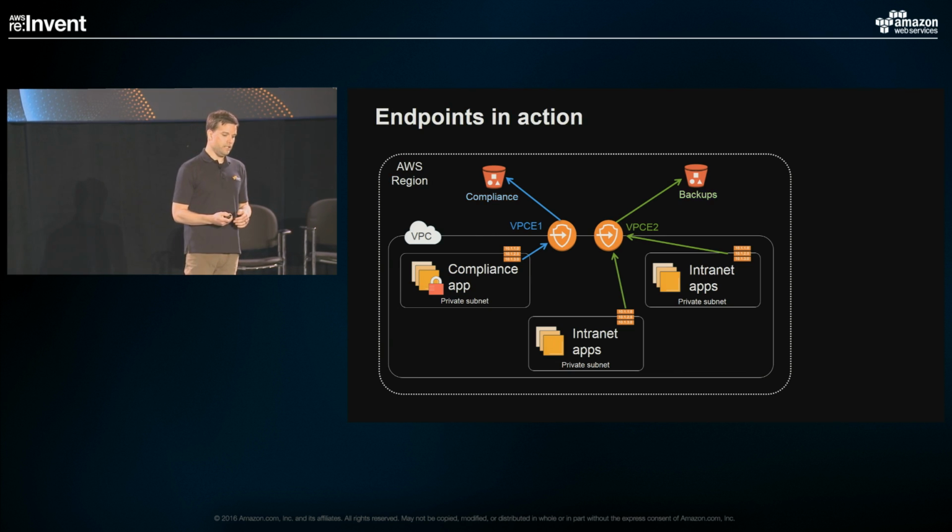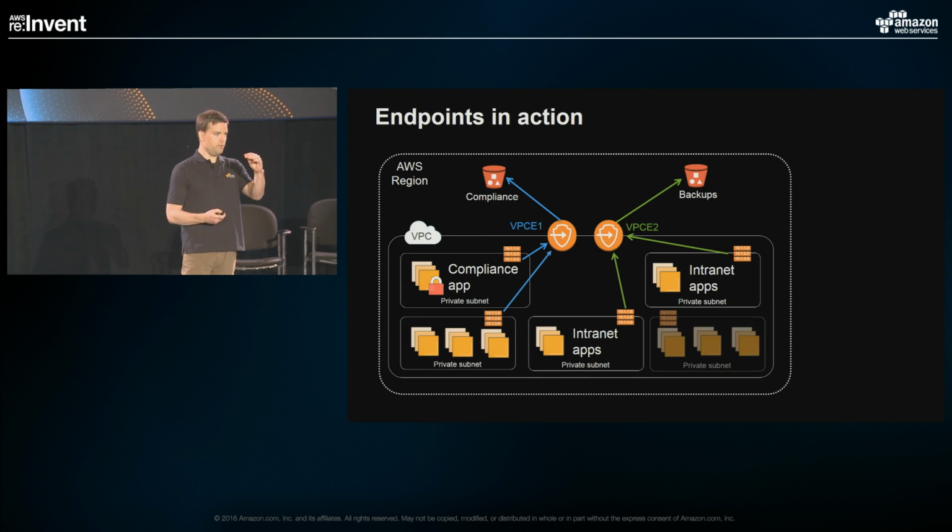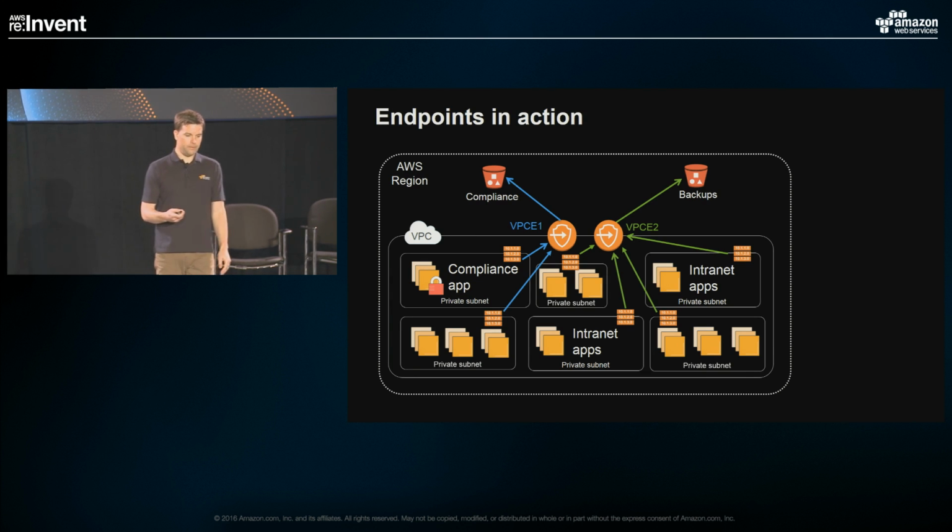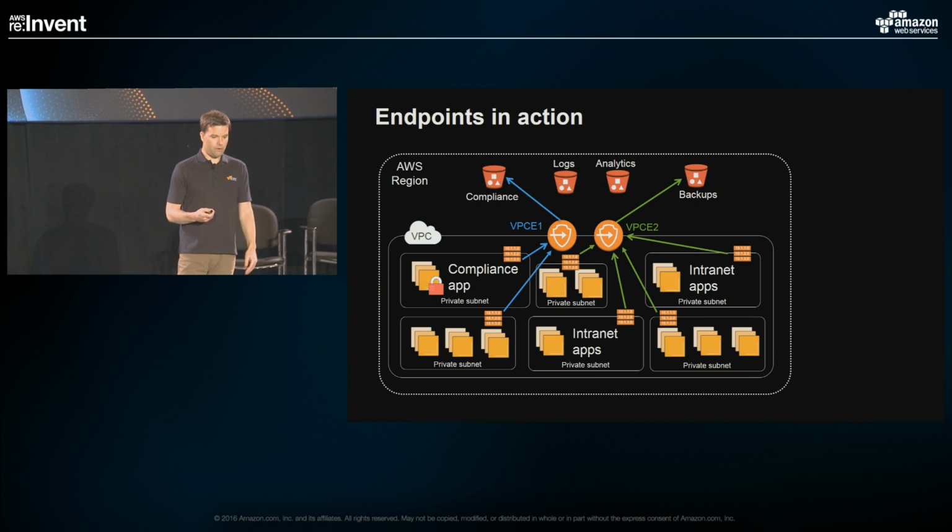The restriction is that you can only have in a route table one route to S3, so that prefix list. You can't have multiple ones. So for example, if I wanted to add more buckets, I wouldn't be creating new endpoints for these subnets because they already have a route to an endpoint. So instead, I would have to alter the policy itself to allow access to these additional buckets.